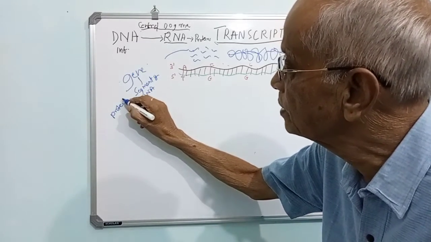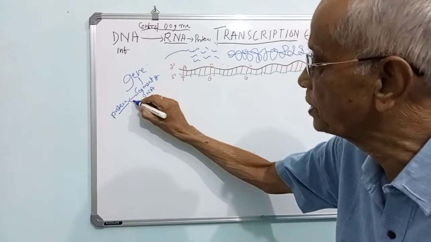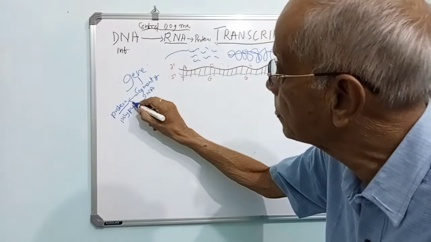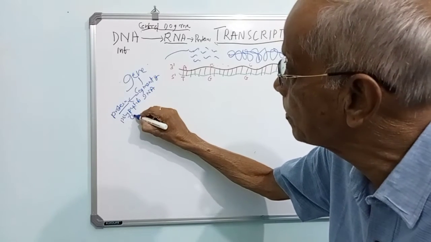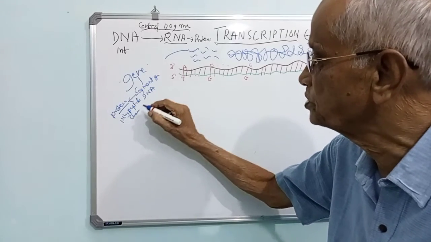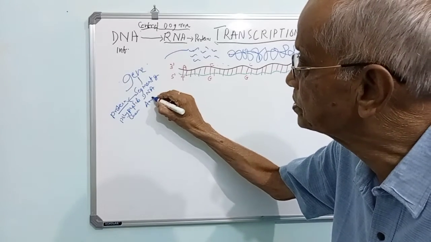It can form a protein by using the polypeptide chain. A polypeptide is nothing but a long sequence of amino acids.